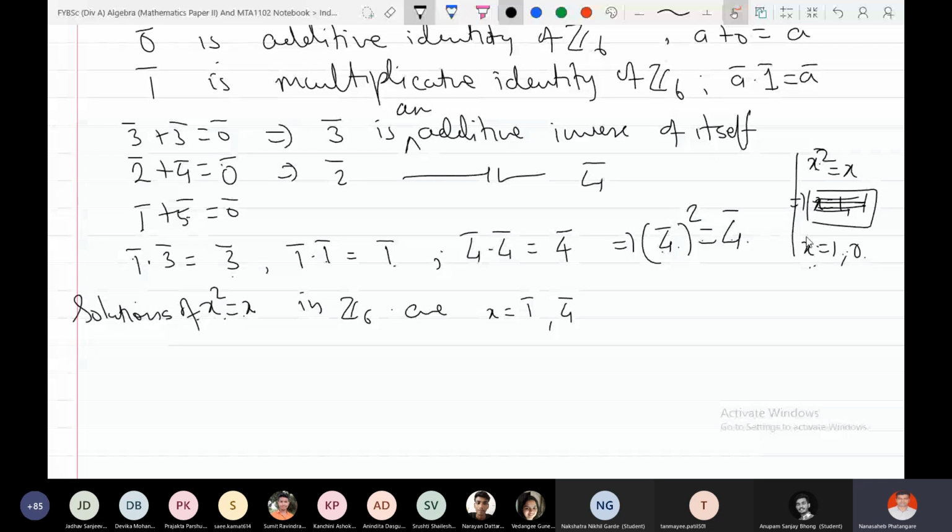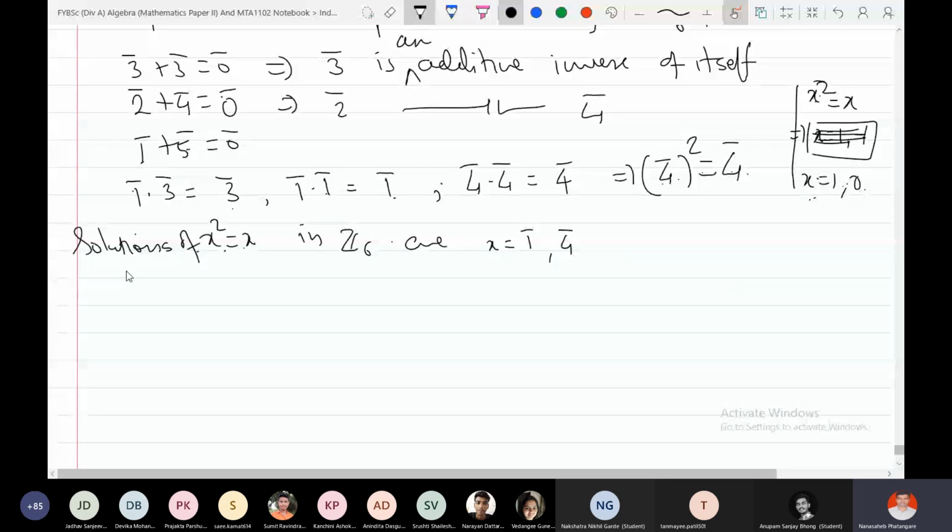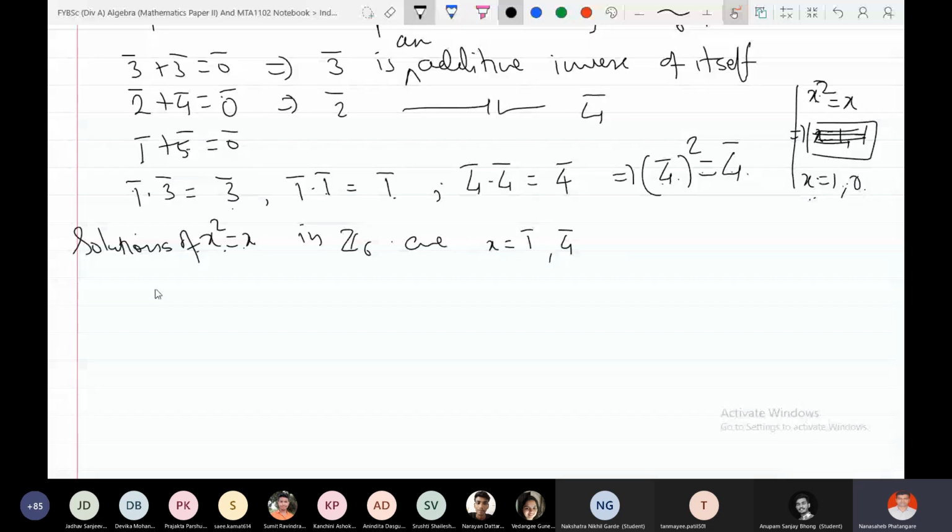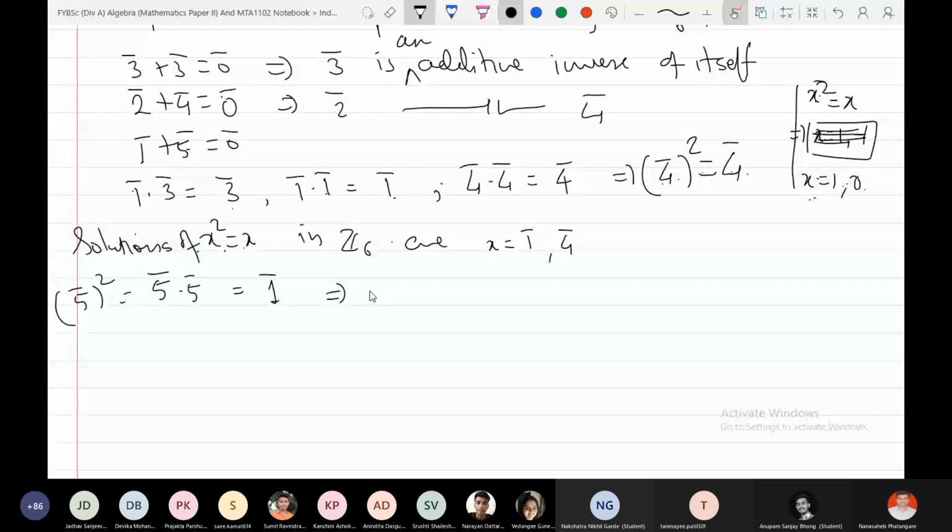Now, one more interesting thing is, what is 5 bar into 5 bar? That means 5 bar square in Z6. It is 1 bar. So that means what is the multiplicative inverse of 5 bar? 5 bar is the multiplicative inverse of itself.